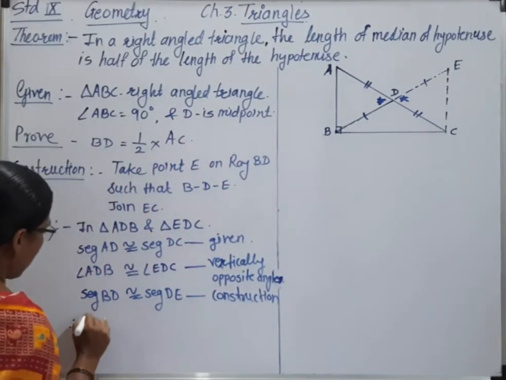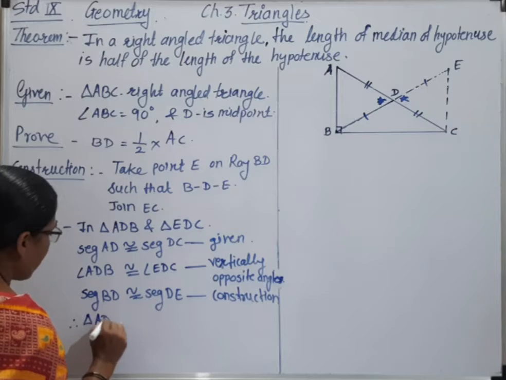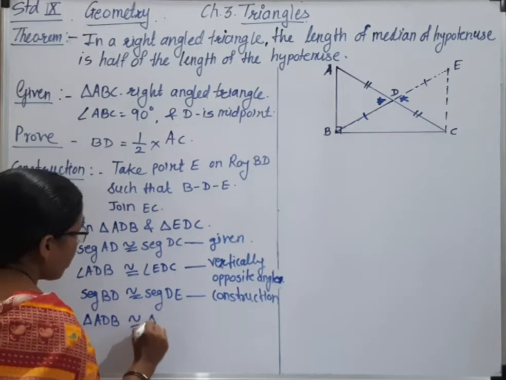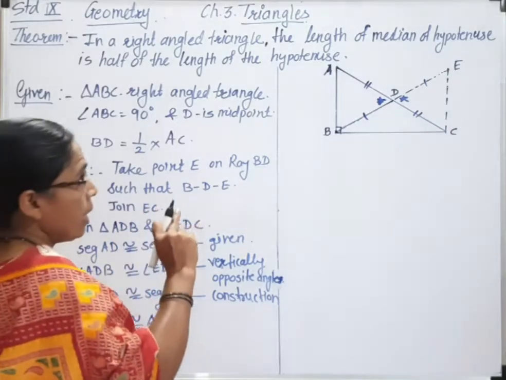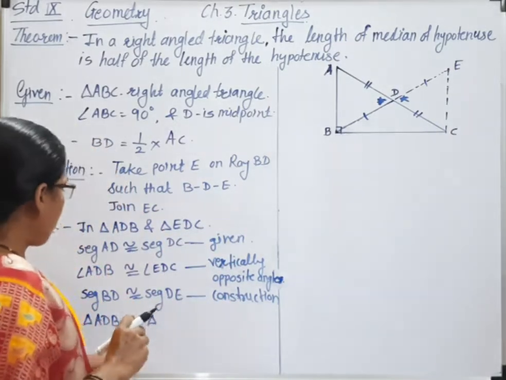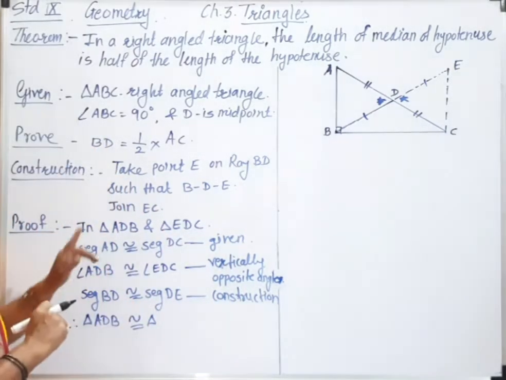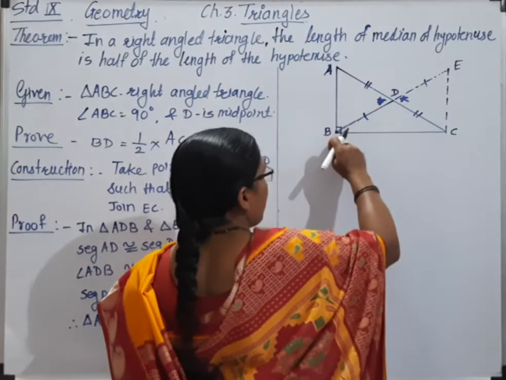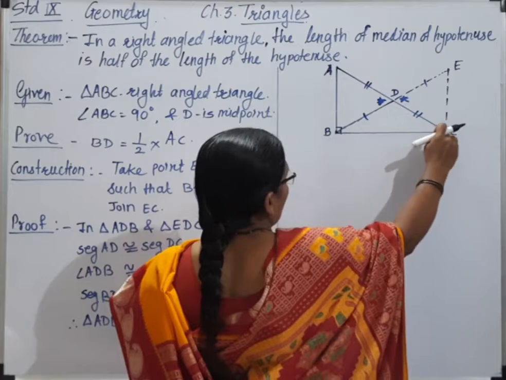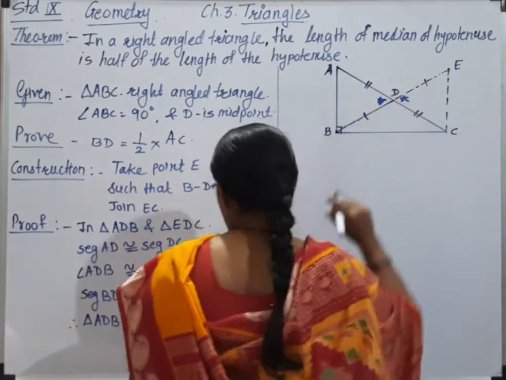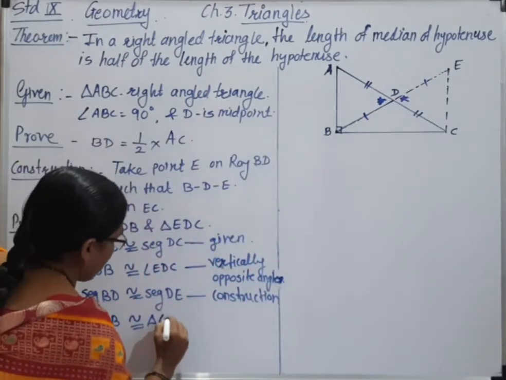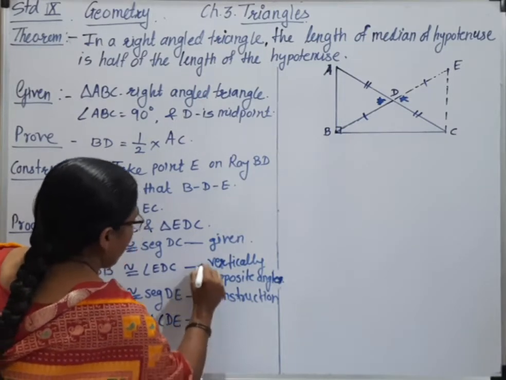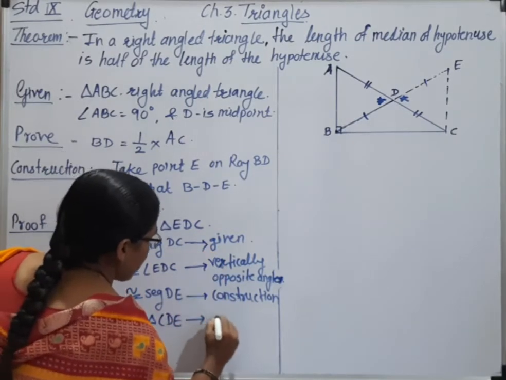Therefore triangle ADB is congruent to triangle, now we cannot write EDC, because in that correspondence these two triangles are not congruent. ADB corresponds to CDE, so in this correspondence the two triangles are congruent.